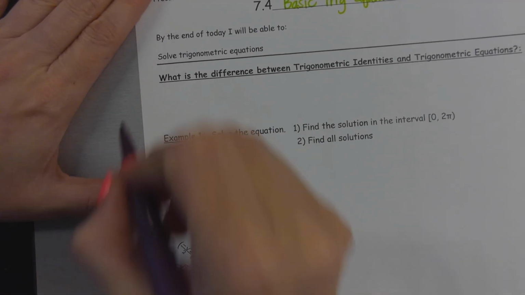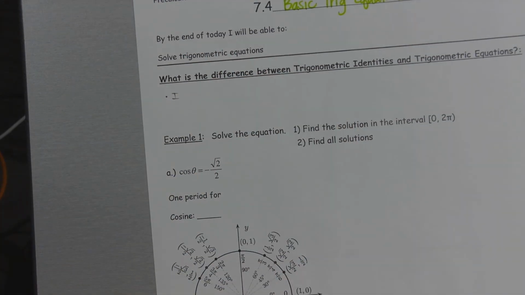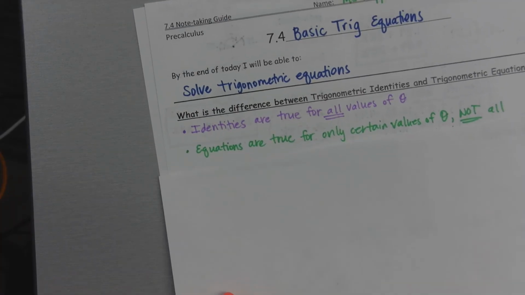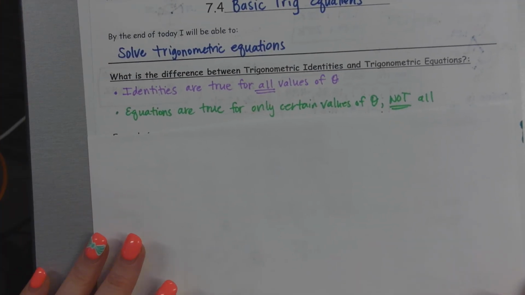So if it's an identity, okay, identities are true for all values of theta.